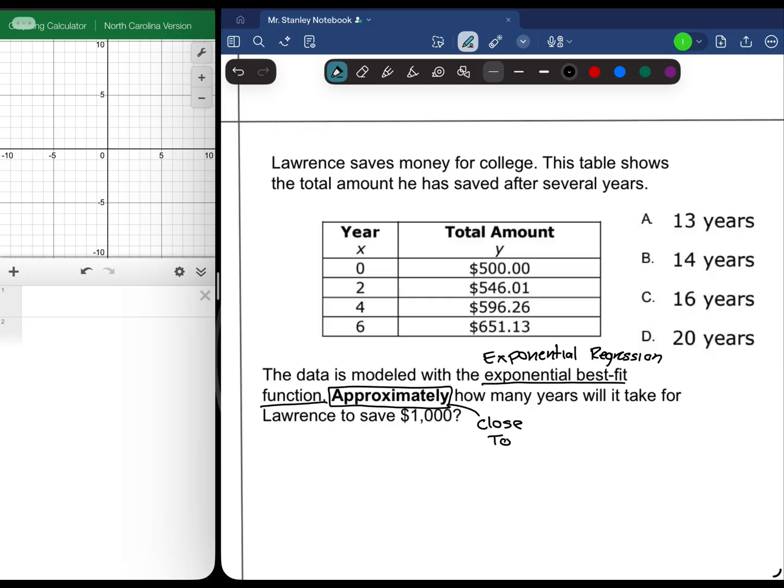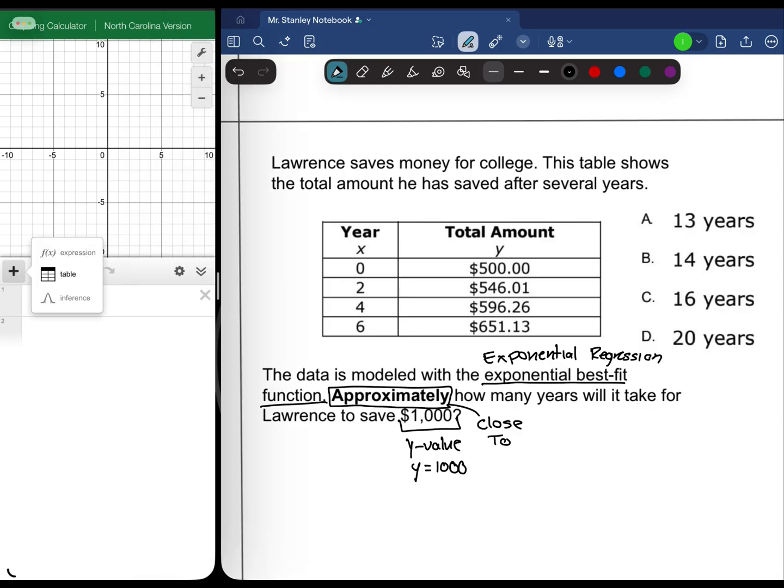We're not going to get dead on, but we're going to be real close. And it says how many years will it take for Lawrence to save $1,000? So $1,000, we're looking at savings, is money. So the money column in this one is the total amount, which is the Y. So they gave us our Y value. So what we're going to do is enter y equals 1,000.